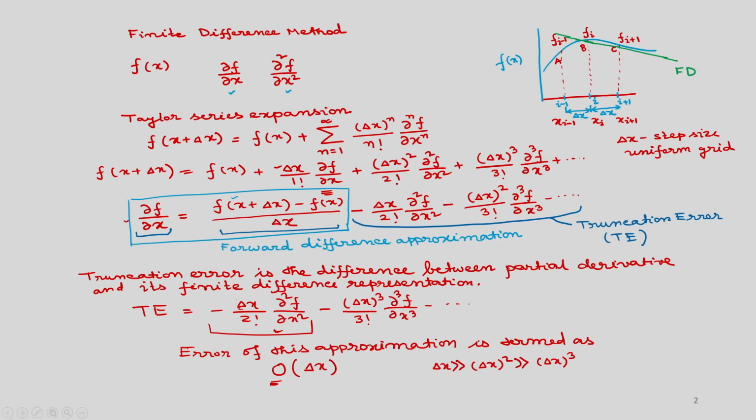At point B, the exact slope is the tangent at this point B. So, this is the exact representation of the slope, but when you use forward difference with points B and C, this is your forward difference approximation.